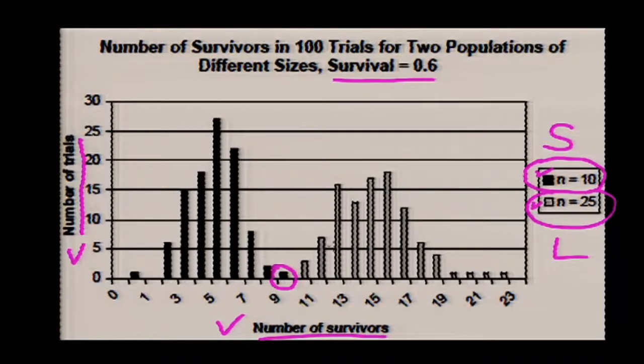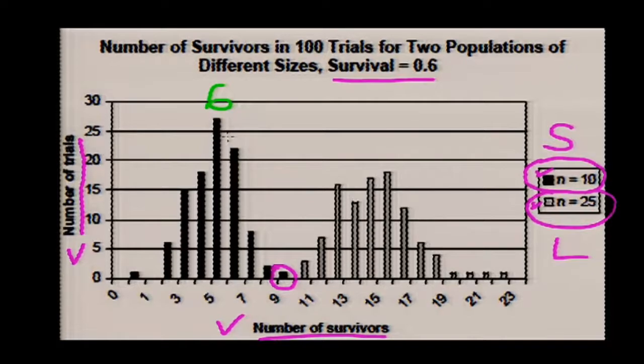Now, if you remember back to our earlier exercise in which we applied this survival rate to the population as a whole, or at face value, we estimated in our small population that we would have 6 survivors, right? We would expect to have 6 individuals that would survive.